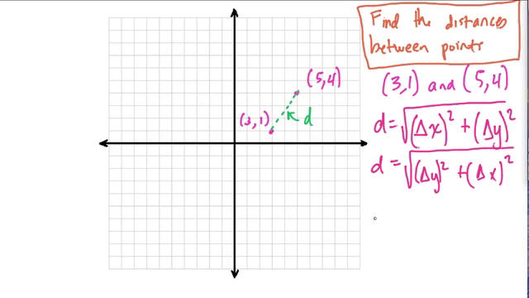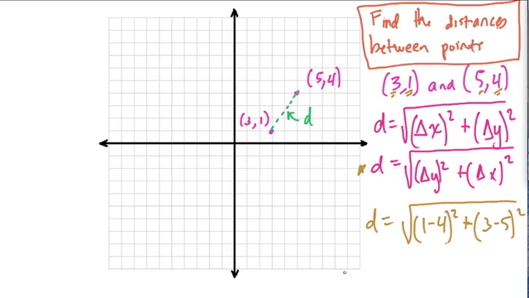So the distance between these two points would be what? I'm going to use this formula right here. Subtract the y values first. I'm going to choose this point as the starting point. So the square root of 1 minus 4 squared plus 3 minus 5 squared.